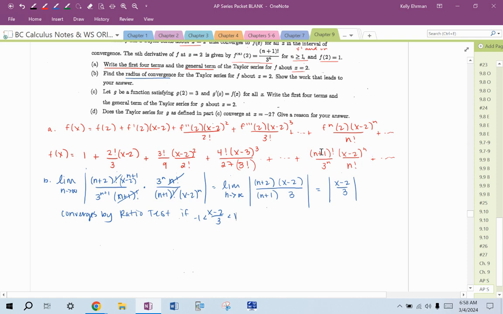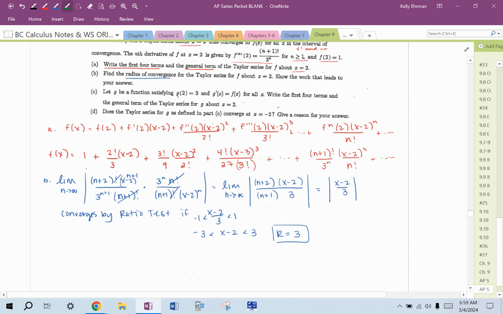We need to find the radius of convergence, which means get the x minus c expression by itself, so multiply by 3 to the other side. That tells me that the radius of convergence is equal to 3. And we were not asked to find the interval of convergence, so we don't care whether or not these two endpoints are included. So that's it for that one.